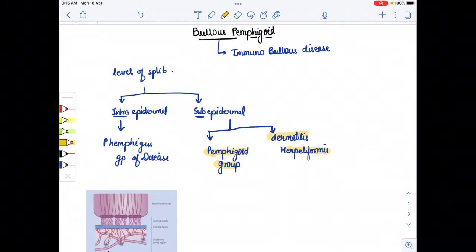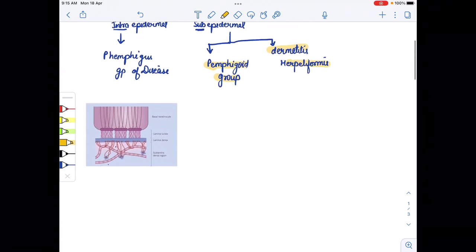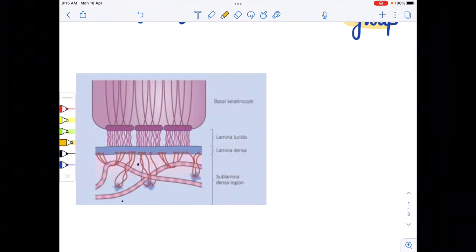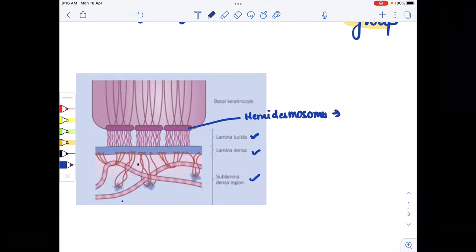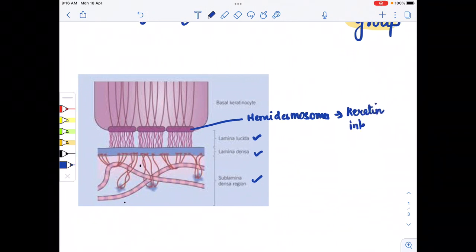So this is the basic which we have to know. Now in the bullous pemphigoid group, first, below the epidermis we have the basement membrane, and in the basement membrane we have the lamina lucida, lamina densa, and sublamina densa. And here, this region is the hemidesmosomes, and in hemidesmosomes we have keratin intermediate filaments.